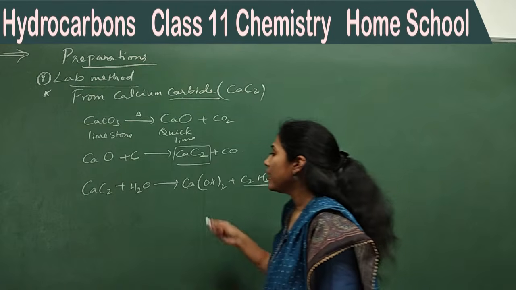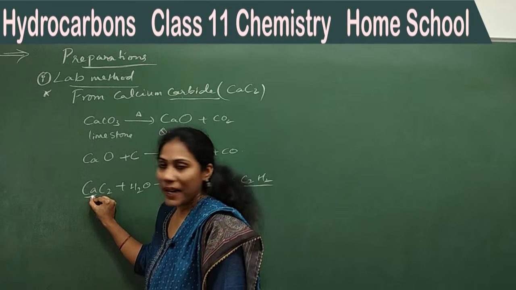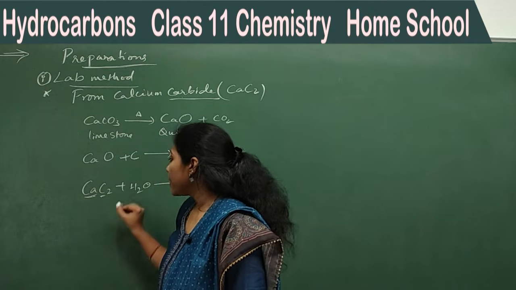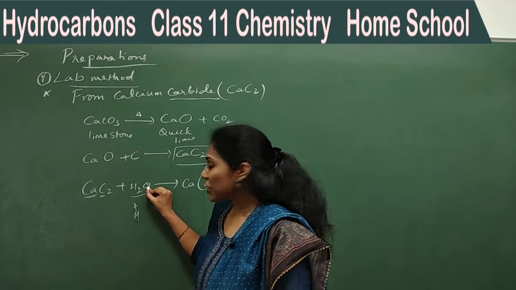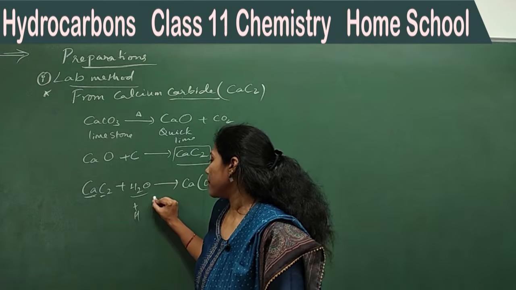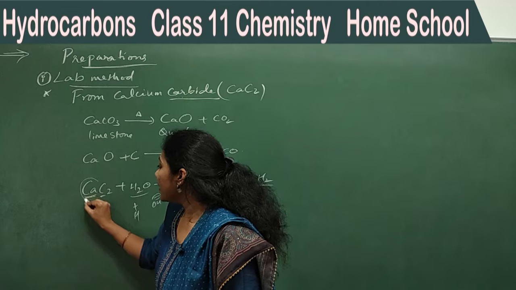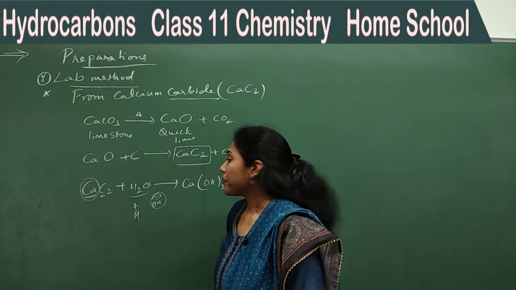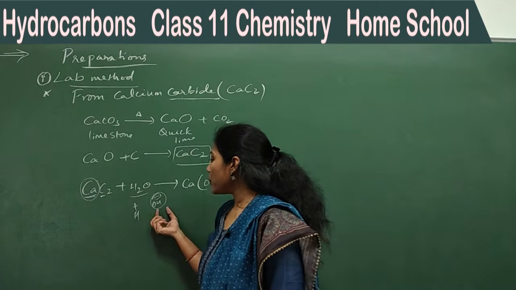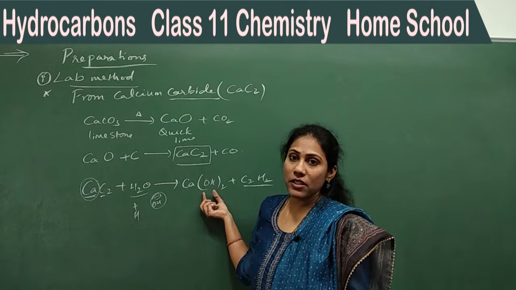C2H2. Just suppose this is a positive part here and this is a negative part. Which is the positive part of water? H plus. And which is the negative part of water? OH minus. The positive part here is calcium, and it combines with the negative part of water. So if calcium combines with OH, definitely you will get calcium hydroxide.